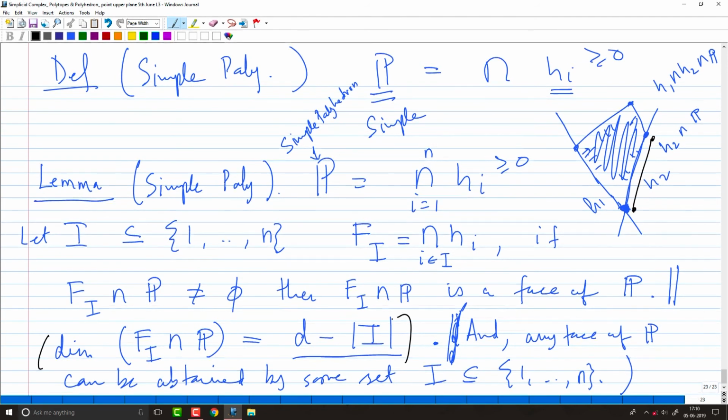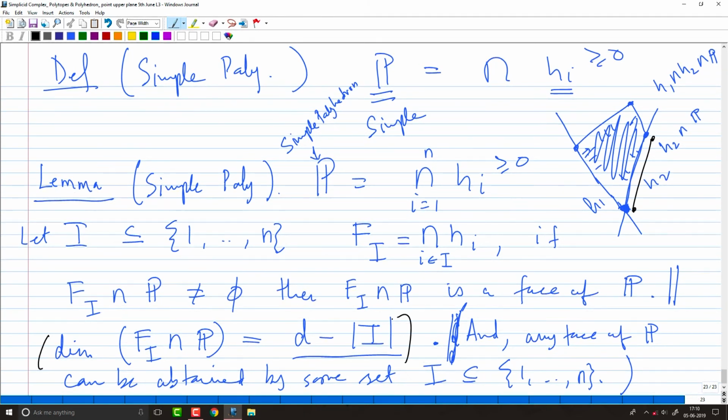And you can generate any face by this method also. That is the result. How do you do it for polytopes? You look at a subset of the points, and any face will be generated by the convex hull of some points.